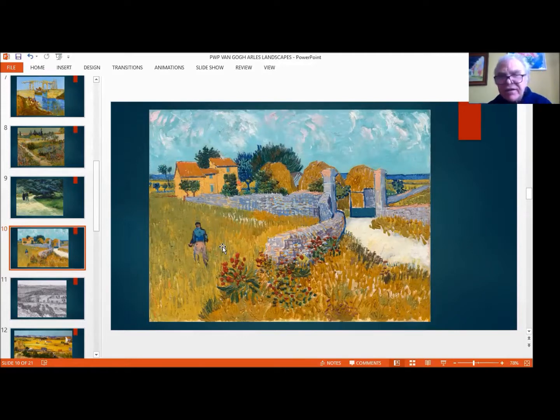And again, notice this attention to detail. Each element within the painting has its specific identity. You know, the peasant's top is blue, is delineated against the various yellow greens of the meadow.